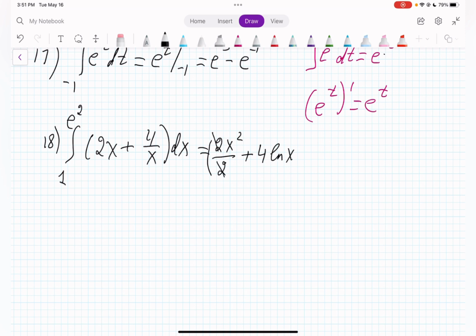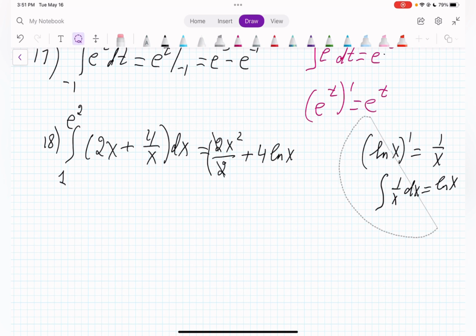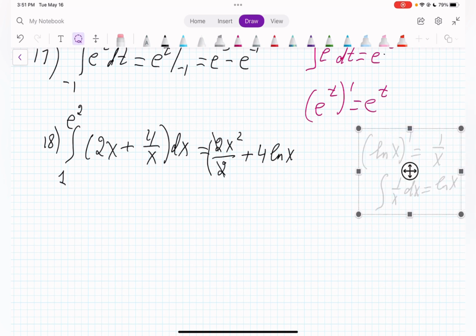Remember, derivative of natural logarithm x is equal 1 over x, and accordingly 1 over x dx is equal natural log x. Remember that?